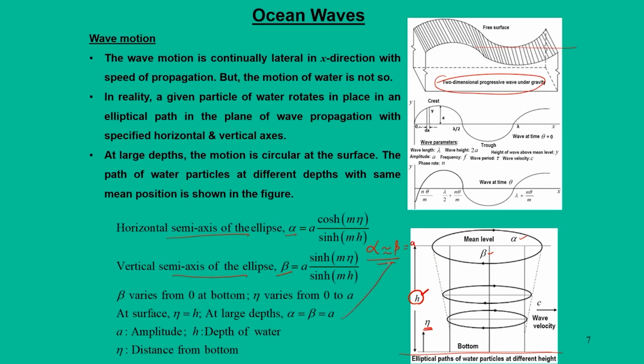So the conclusion is that the same wave at the surface is elliptical, and at the bottom it is circular. That is the pattern the waves follow.